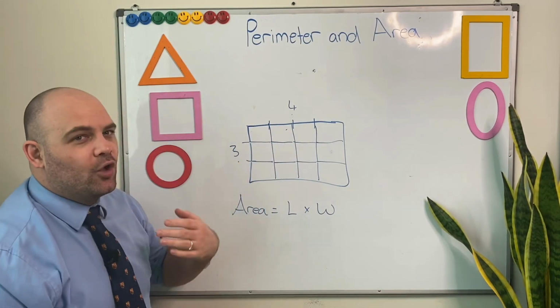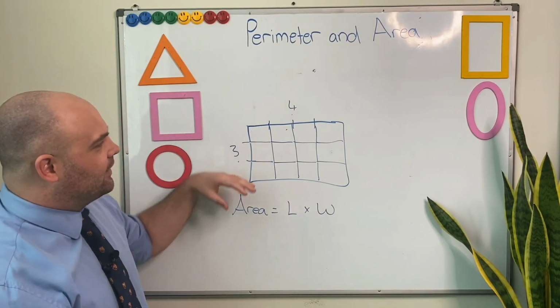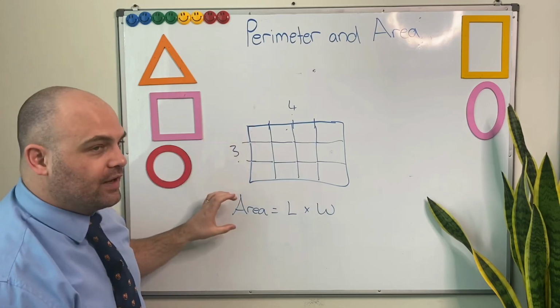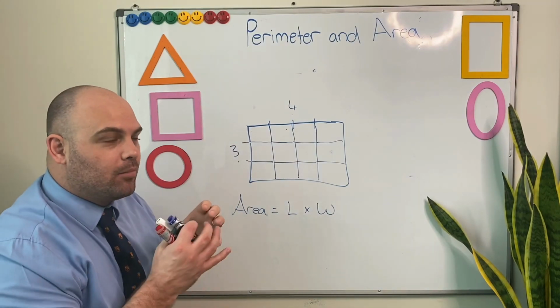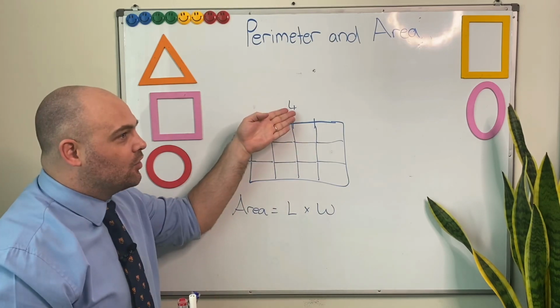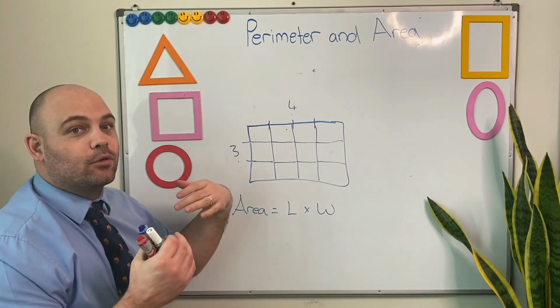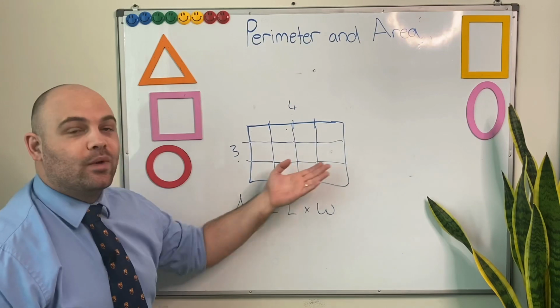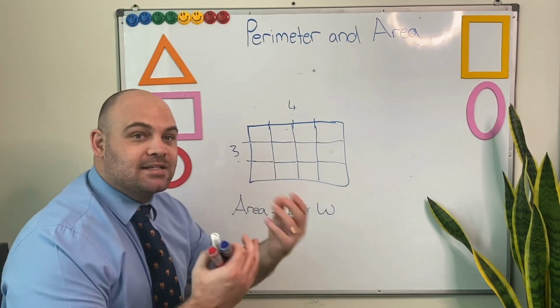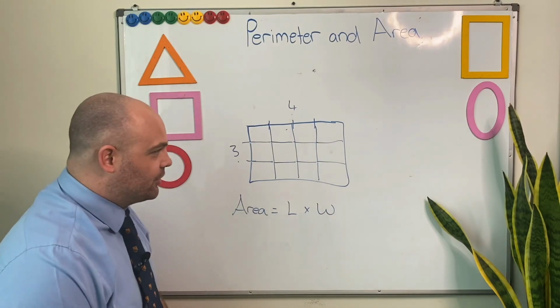What we're saying is I have 4 columns of 3 rows. How many blocks will I get altogether? Well, we know that 4 rows of 3 is going to be equal to 12. This is why we use the area model to teach multiplication, because it makes sense in the real world situation.